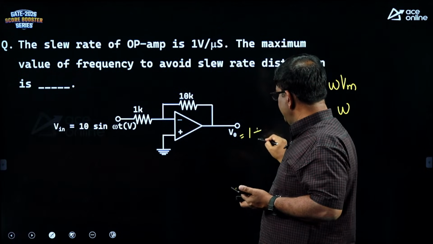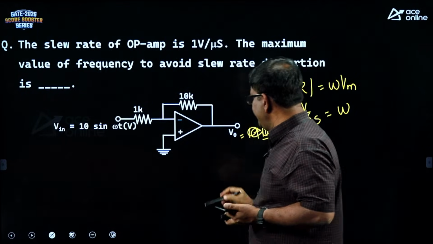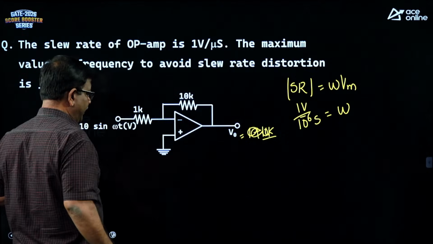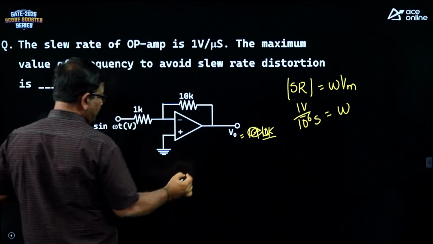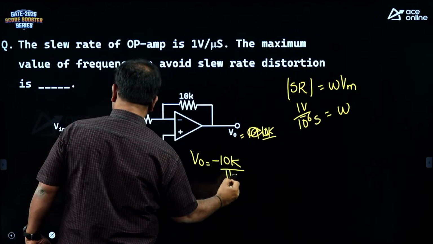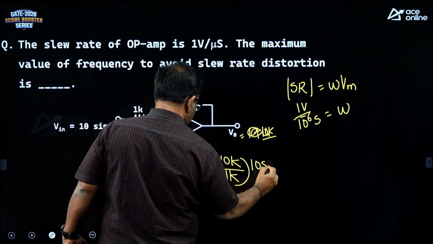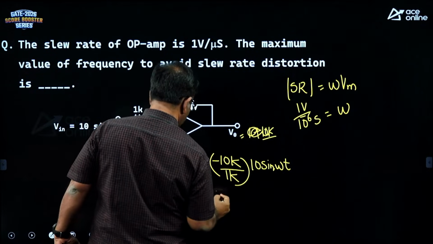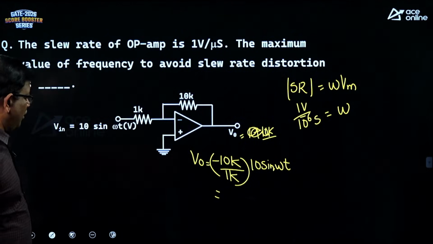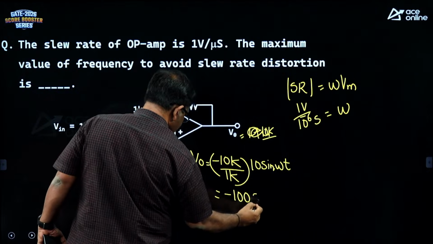V naught is 1 plus R2... Oh no, this is an inverting amplifier. Mind you, input is given to inverting, unlike the previous problem. So, your V naught is minus 10K by 1K into 10 sin omega t. Now 10K by 1K is going to be minus 100 sin omega t.